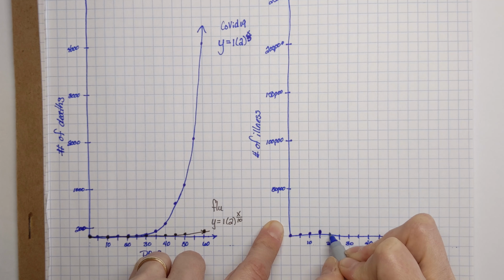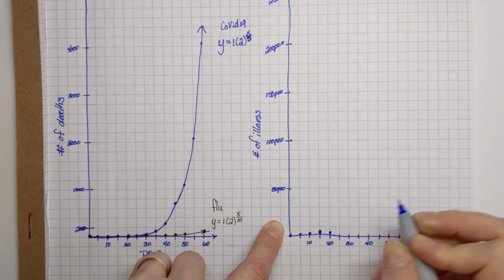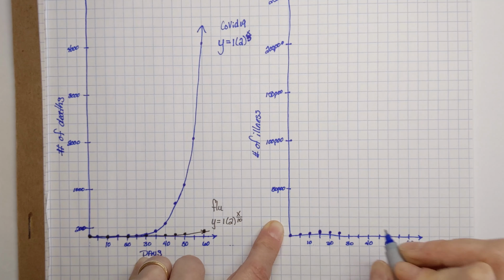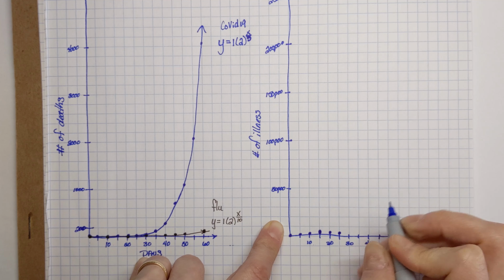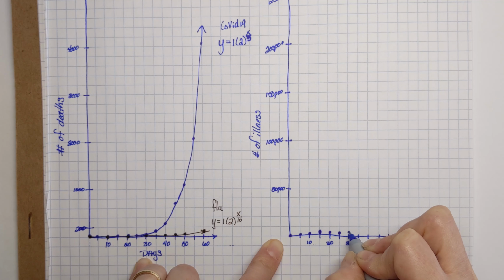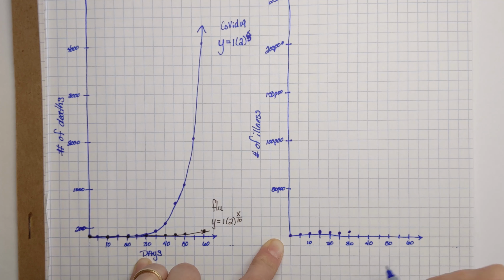And then 1,600, 3,200, so that's 3,200, right? And then 6,400, which is going to be a little bit more towards the center.